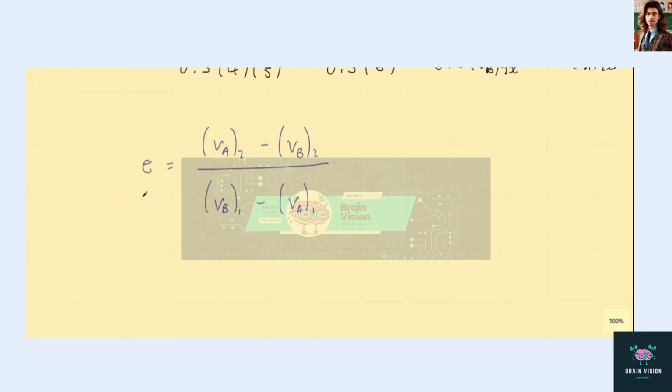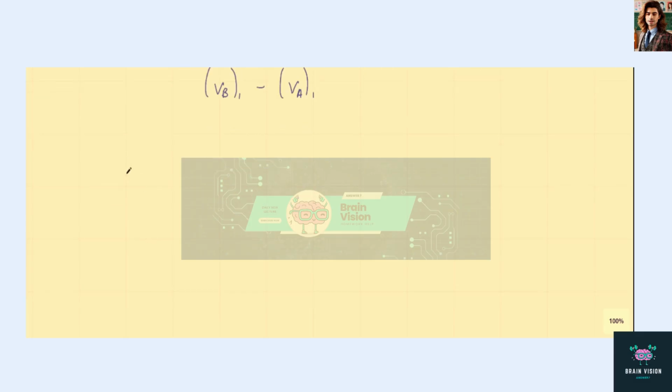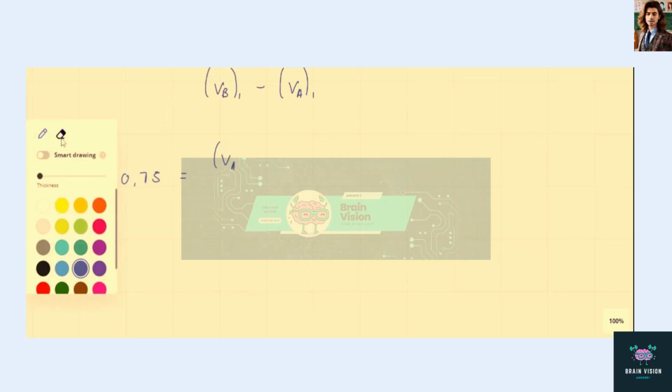And this coefficient is given, so e is given as 0.75. We just substitute our values in here.